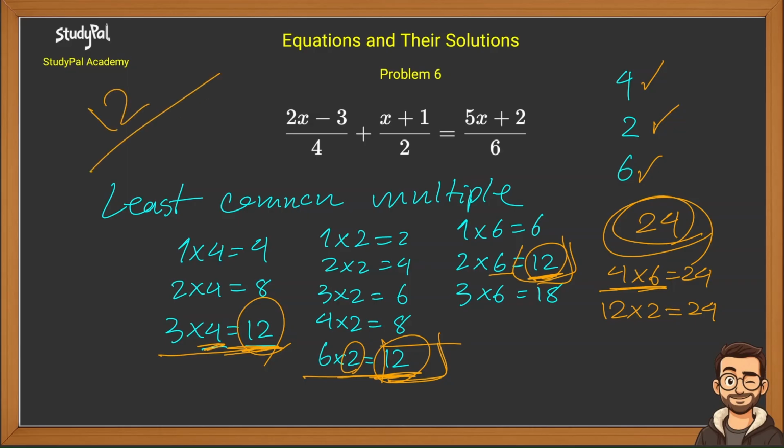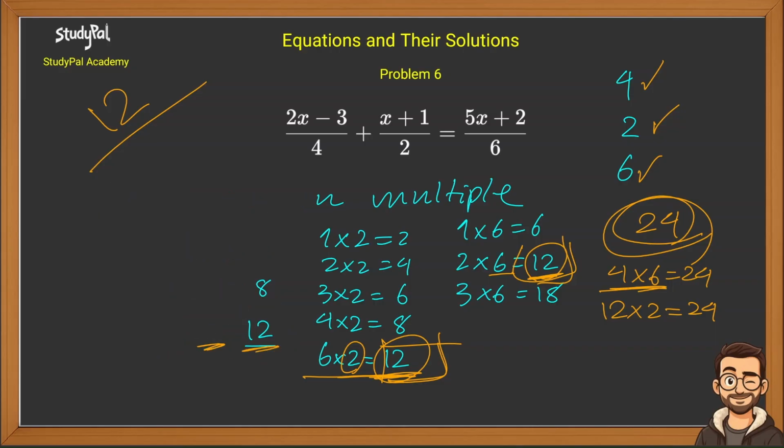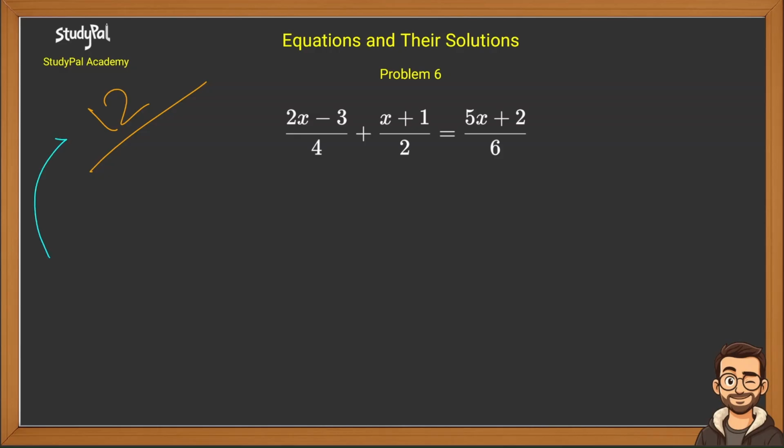So 12 it is. Let's erase these parts and then focus on the problem. Now that I have this magic number, the only thing I need to do is to multiply both sides of the equality by 12.